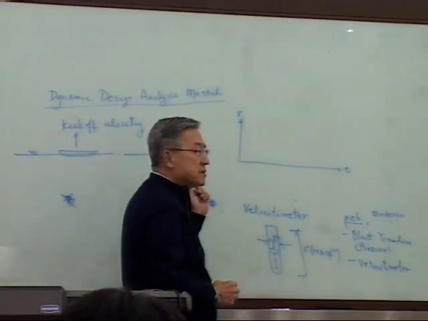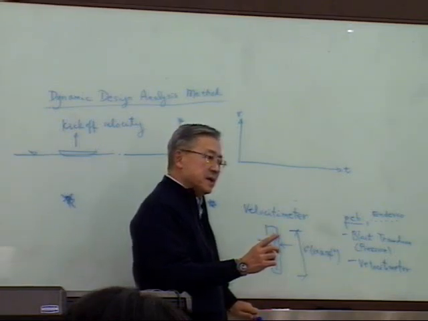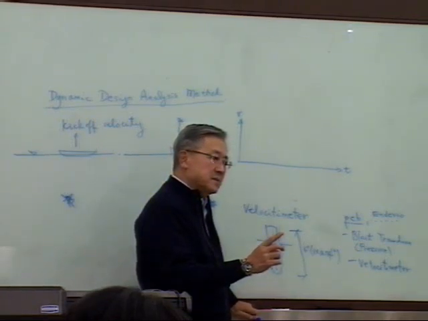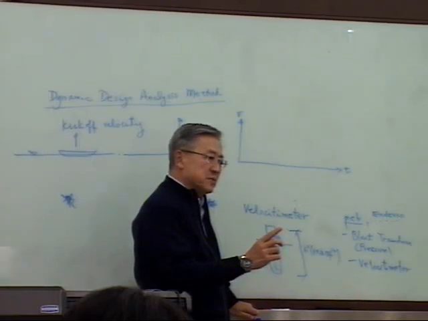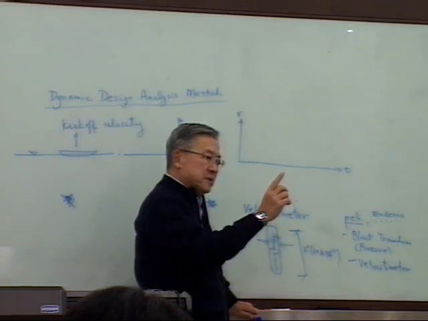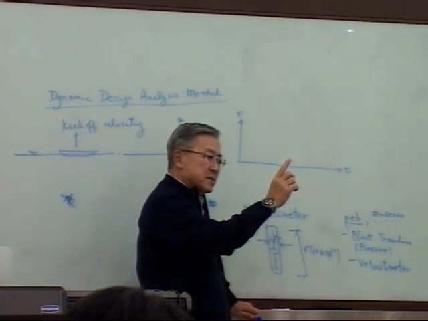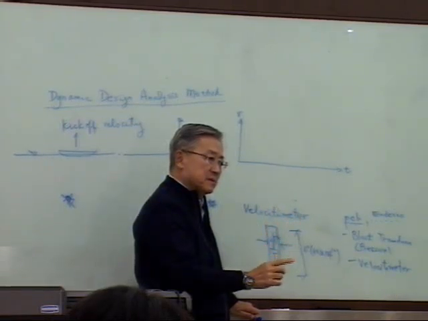You compute the kickoff velocity. How would the signature look like? At the time it goes bang, it goes up to the max. Then after that, coming down, free fall.